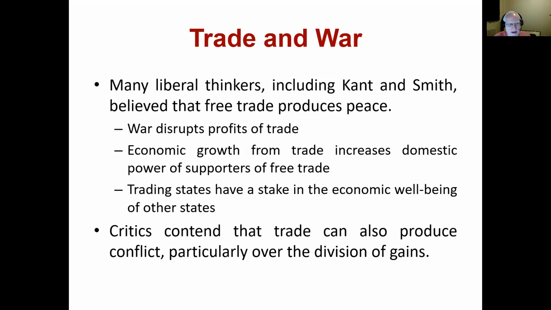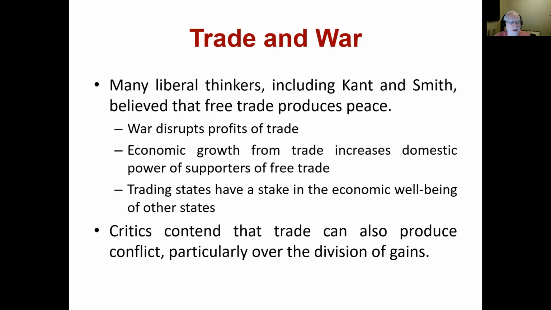And in fact, there's a lot of evidence to point to trade promoting peace. There's also some evidence pointing to trade not having as much of a specific peace-enhancing impact.